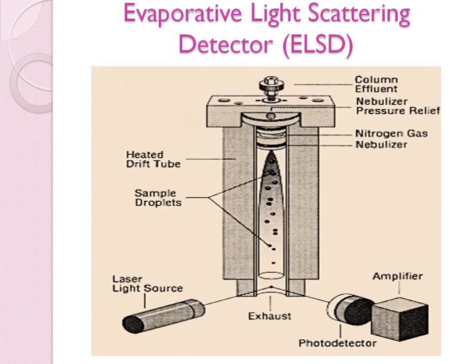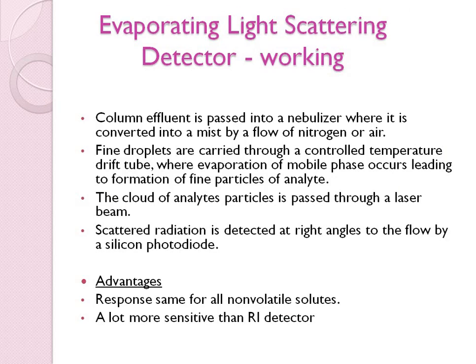This is the diagram of the ELSD detector. At the top we are seeing the column effluent, in the middle we are seeing the flame, then the nebulizer is there, and from one side the light source is passing and on the other side the photodetector is there. So how does it work? Generally the column effluent is nebulized.